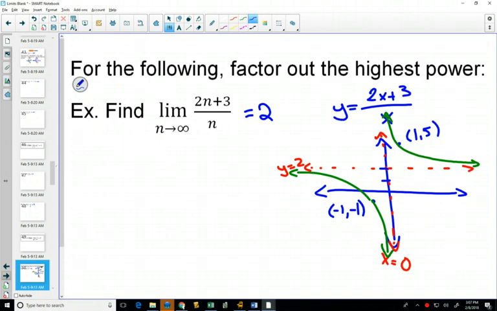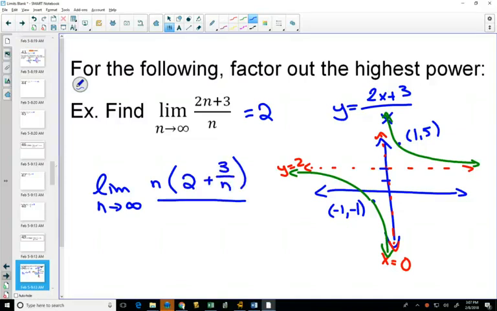If I wanted to simplify this equation algebraically, for the limit as n goes to infinity, I could factor an n out of the top. Can you see that that would give you (2 plus 3 over n) all over n? And that would allow me to simplify these n's, and this limit just becomes the limit as n goes to infinity of 2 plus 3 over n.